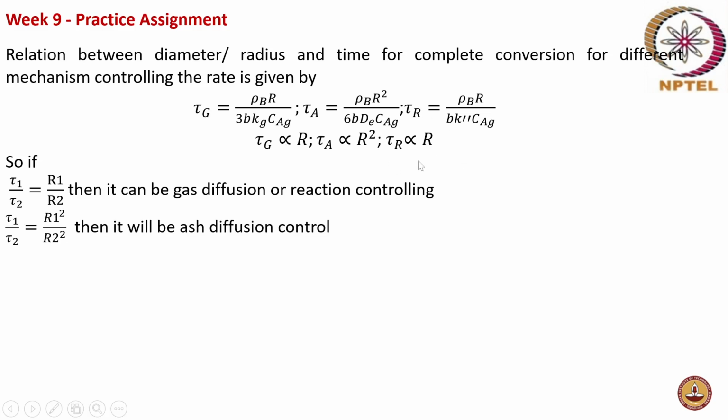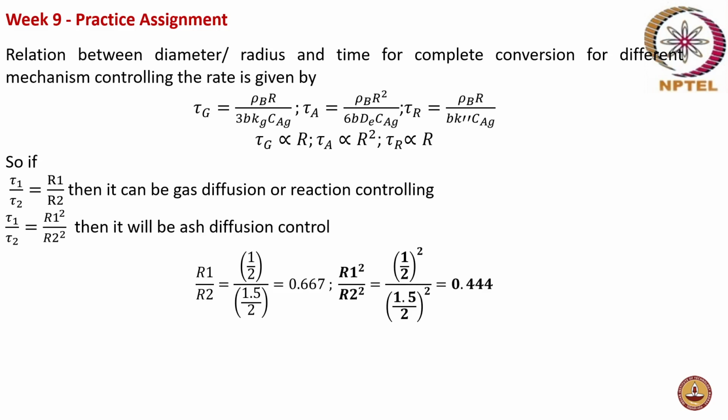Whereas if tau 1 by tau 2 is equal to r1 square by r2 square, then it can be ash diffusion control. So what we have to do, we have the tau 1 and tau 2 values, r1 and r2 values. We have to find which of the LHS and RHS matches. Whether tau 1 by tau 2 matches with r1 by r2, or tau 1 by tau 2 matches with r1 square by r2 square. So we have to find out which of these are going to match.